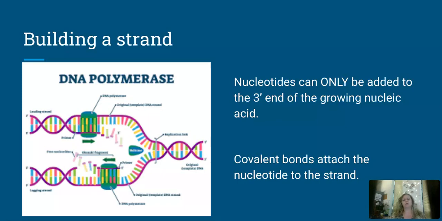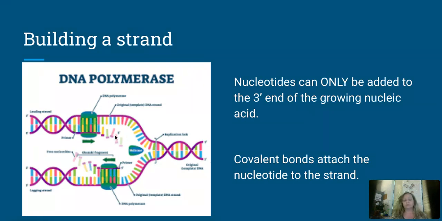Let's talk about how we actually build this strand. We're going to cover this again a little bit later when we talk about protein synthesis and genetics, but right now, the thing that I want you to recall from your freshman or sophomore year biology class is that nucleotides can only be added at the 3 prime end of the growing nucleic acid. So in this case, with the strand moving, we have essentially what leads to a leading and a lagging strand.